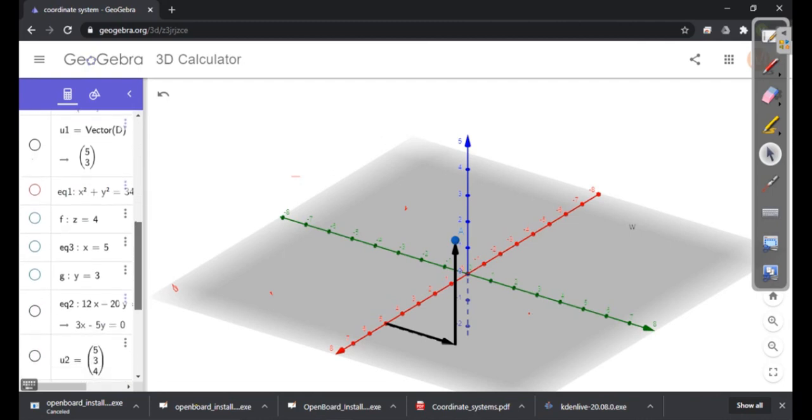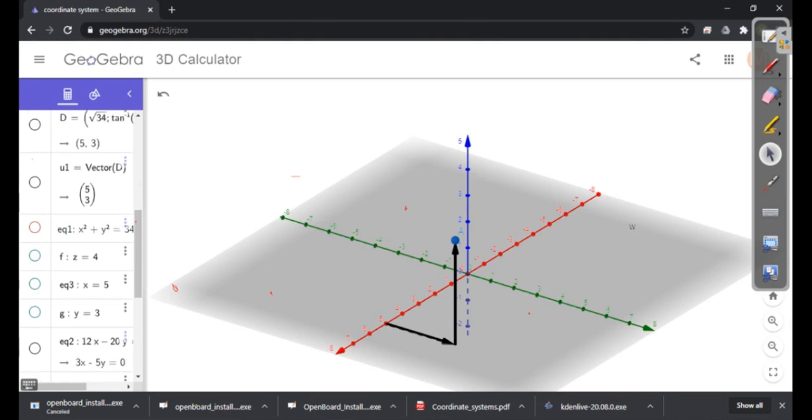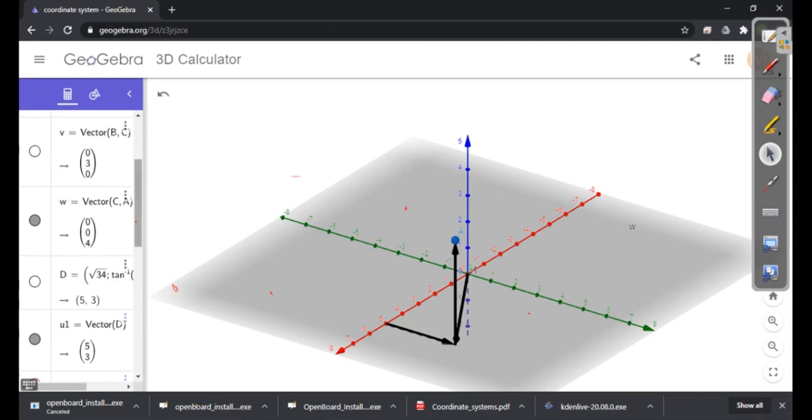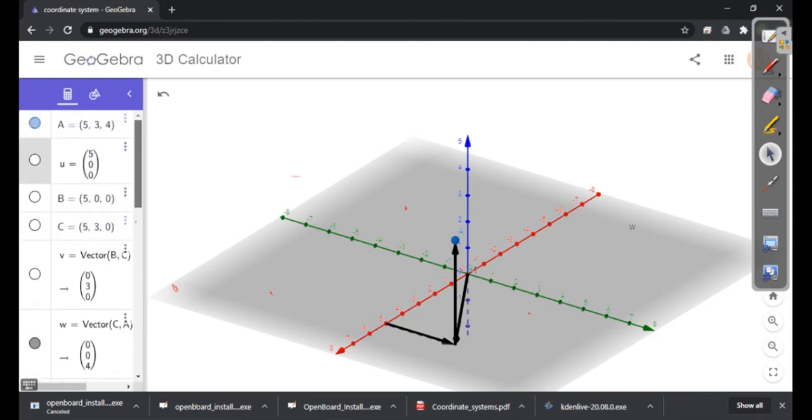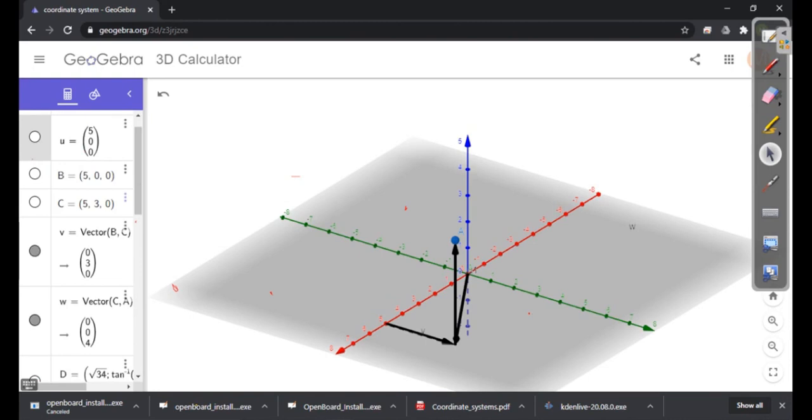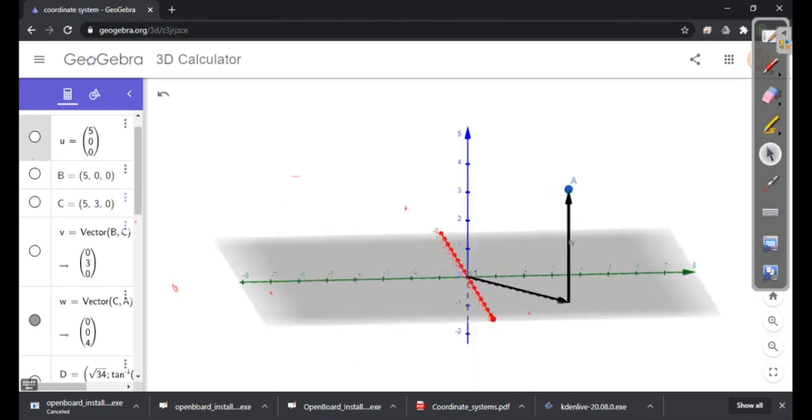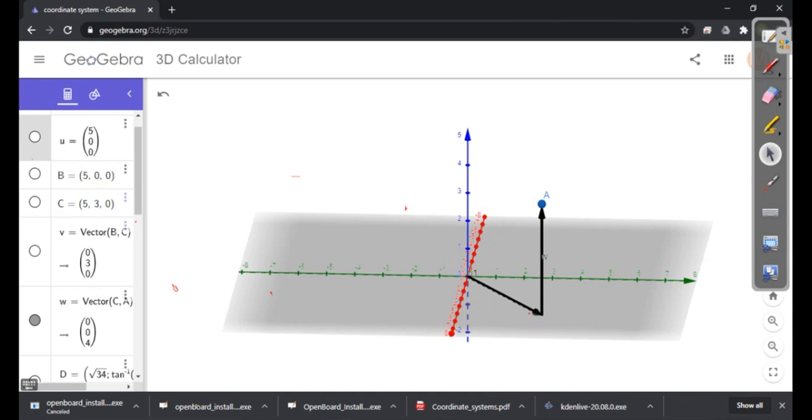Here the directions are: the direction in which rho is moving, this will be the direction of a rho. So when rho is on this line, this will be the direction of a rho. So a rho is radially outward.